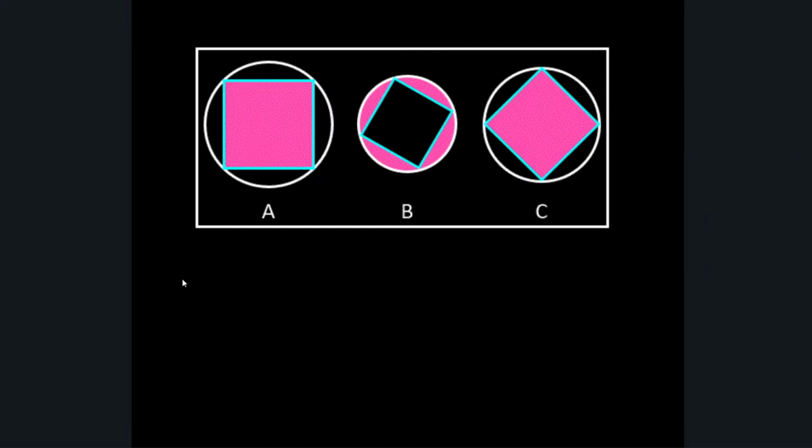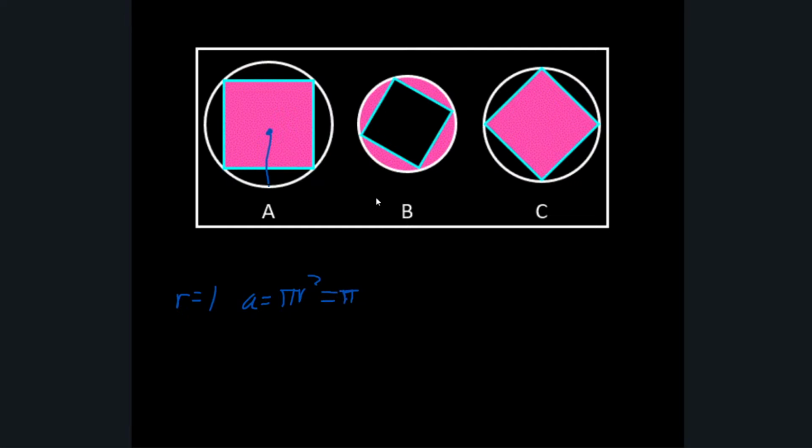Circles have a radius, and we'll just make it 1 for simplicity. So we'll say the radius is 1. The area of this circle then would be pi r squared, which in this case is just pi.